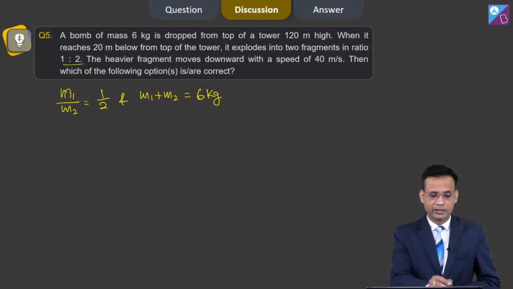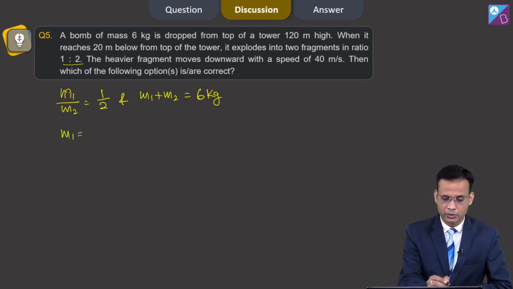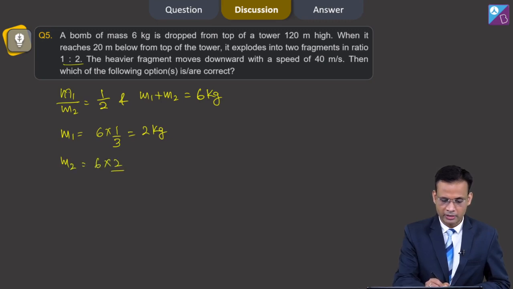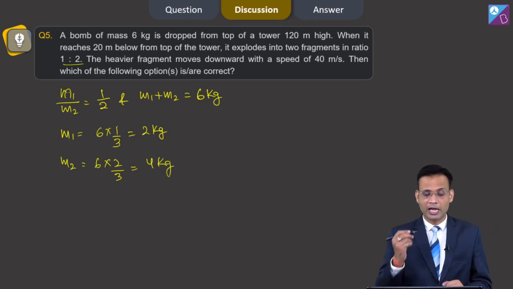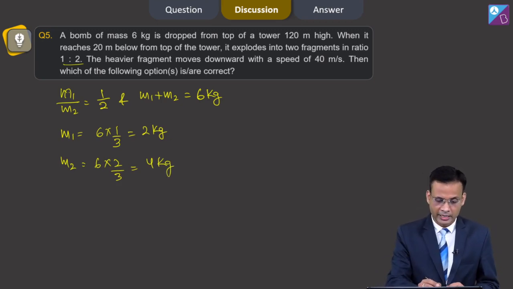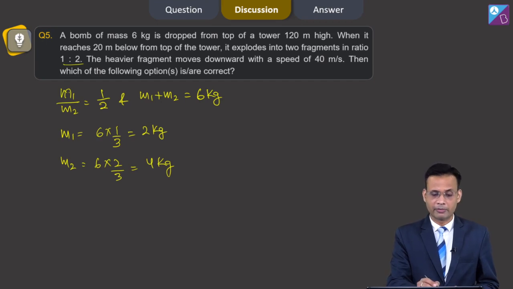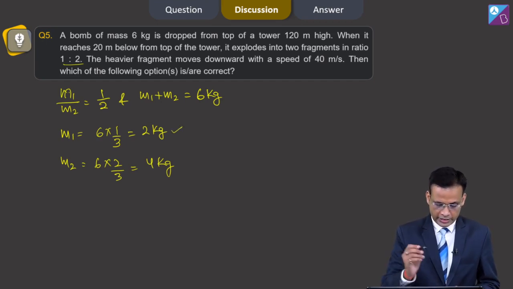So, we can say that m1 is equal to 6 into 1 by 3, which is 2 kg, and m2 is equal to 6 into 2 by 3, which will become 4 kg. So, the mass of the heavier fragment is 4 kg and the mass of the lighter fragment will be 2 kg.